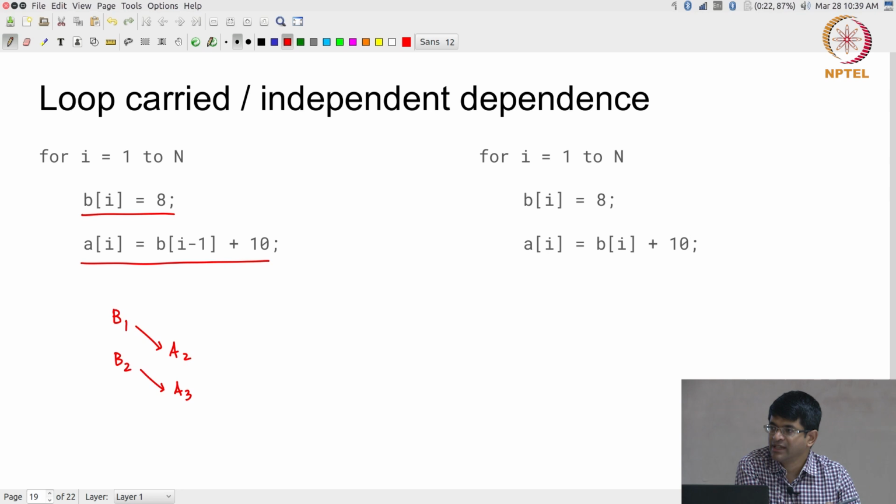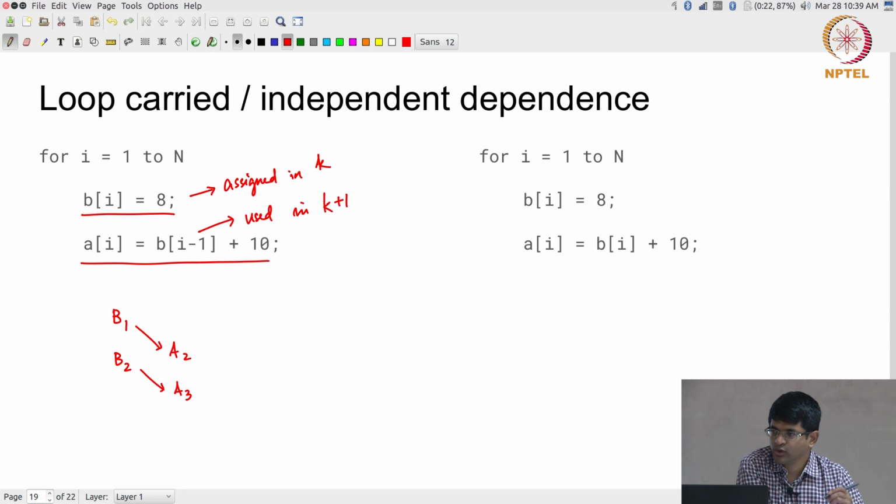It will be used by a in the next iteration of the loop. Okay. So this, in other words, there is a dependency assigned in, let's say, k, and used in k plus 1.